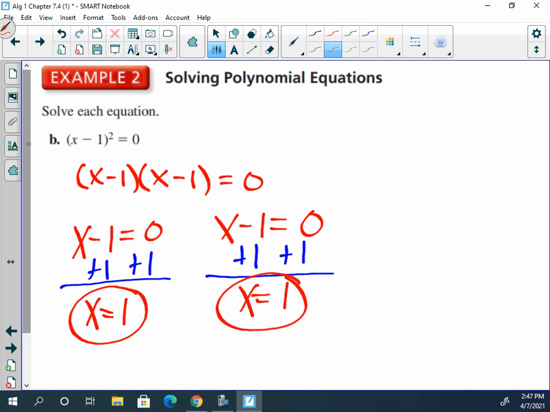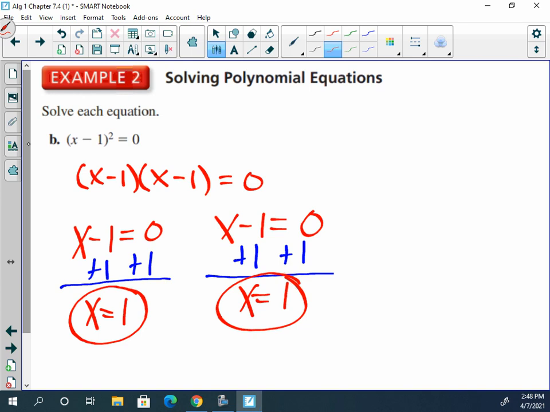Here, 1 and 1 are the same. We consider them unique values only if they're not the same thing. It's not uncommon to have repeated values, especially with higher degree polynomial functions, but they're not considered unique values.